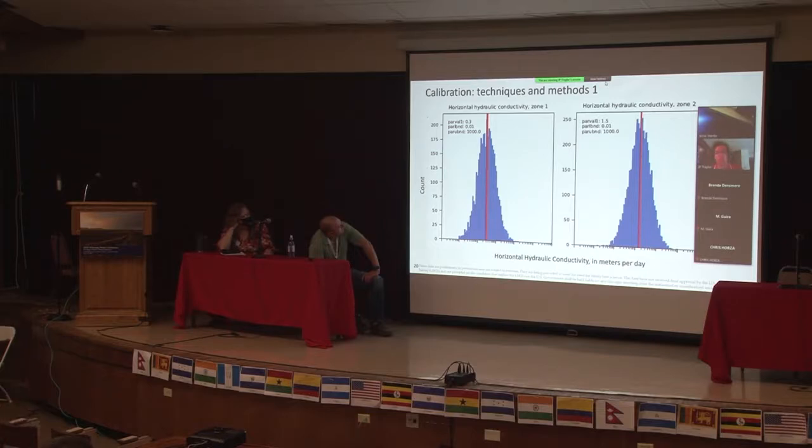You can see the red line is centered around the more likely values. The count in the histogram indicates that hydraulic conductivity values around here are more likely producing a better calibration. And the ones as you get farther out are producing a less good fit to the data. So there's a more likely and less likely value for hydraulic conductivity for this parameter. And each one of these values will give you a different water level or stream flow.